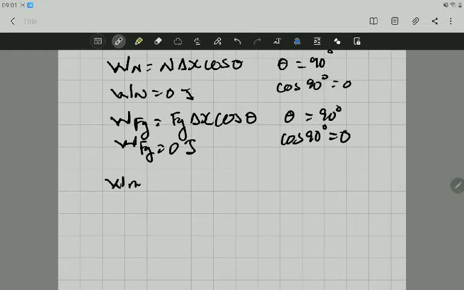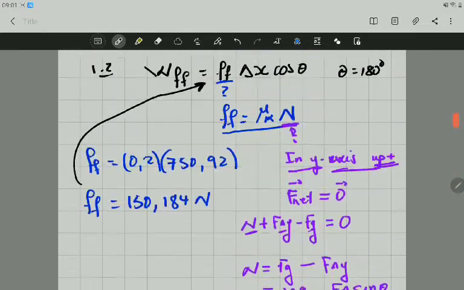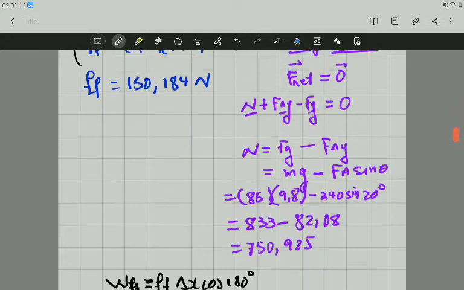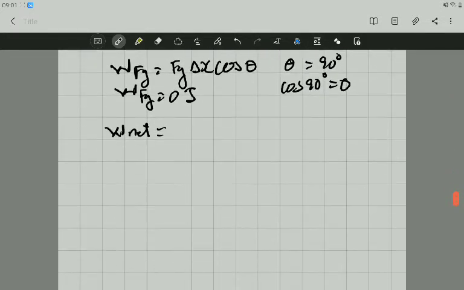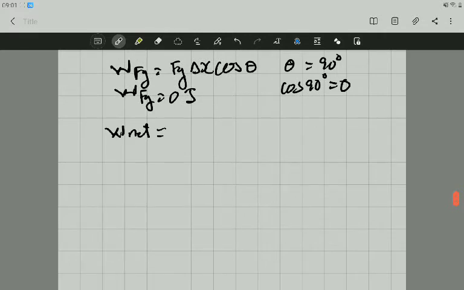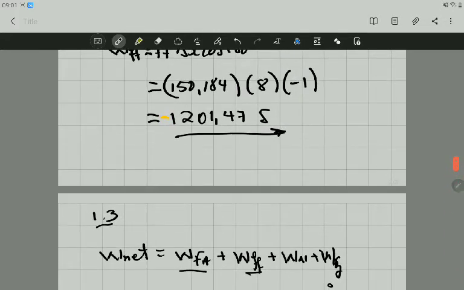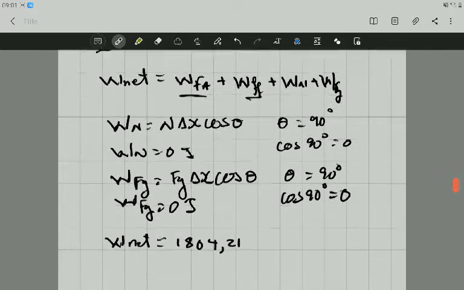Work done by net force is equal to work done by the applied force. Let's go back to the calculation. It is 1804.21. So let's substitute that one into here. The frictional force, work done by frictional force, is minus 1201.47.